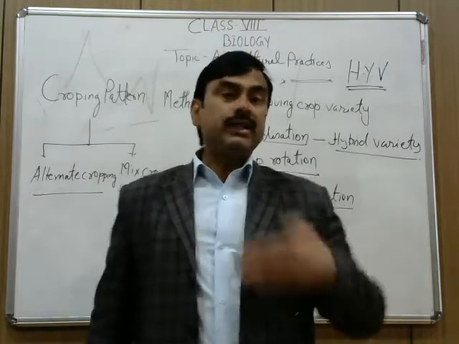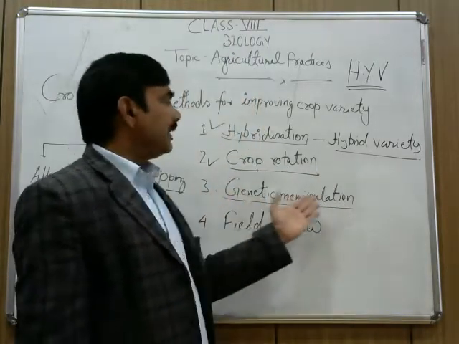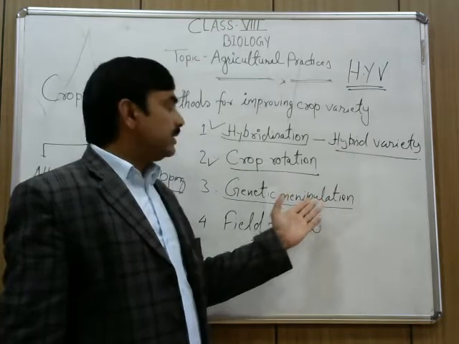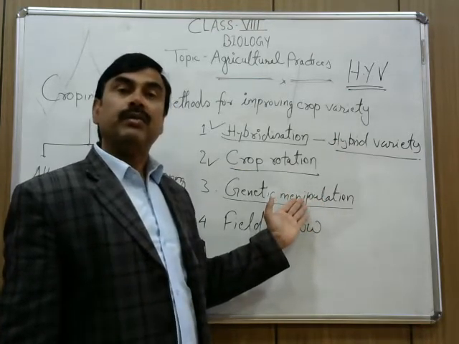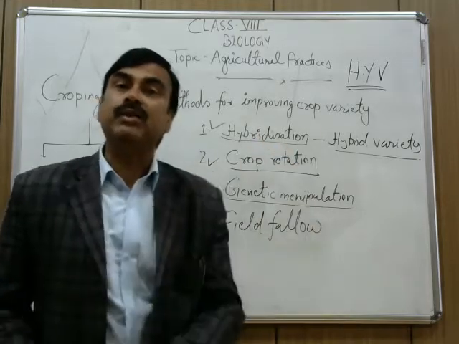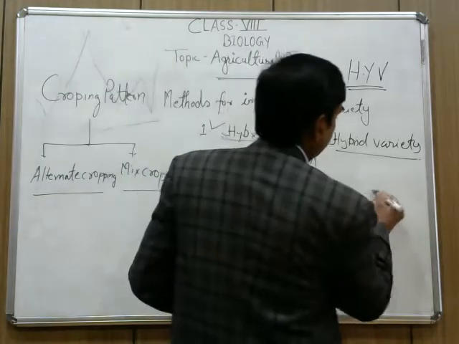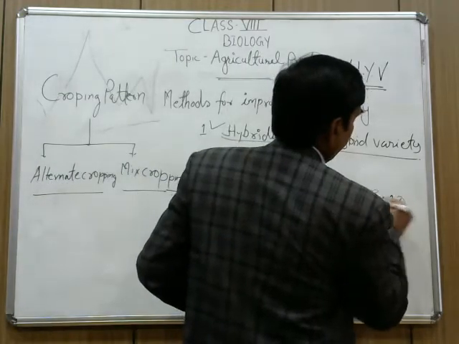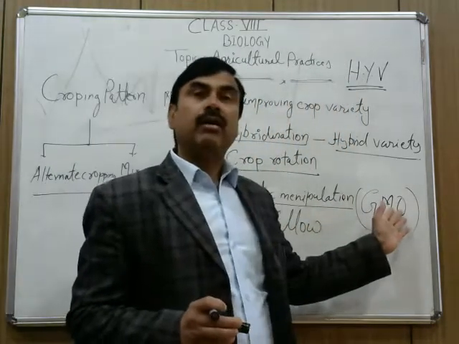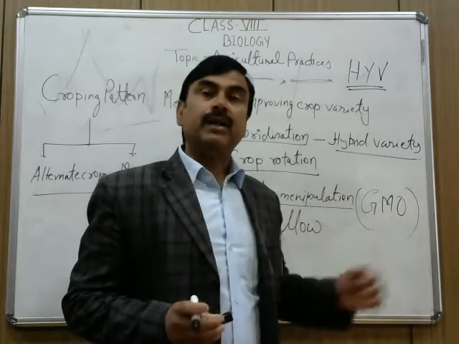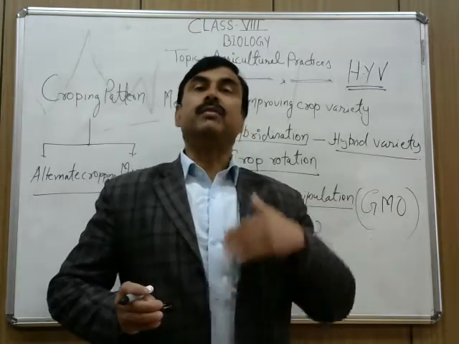In genetic manipulation, we can produce a crop which is genetically modified, a genetically modified organism. In this, we can produce a modified crop.